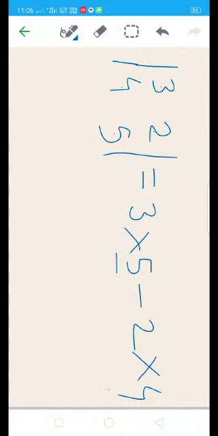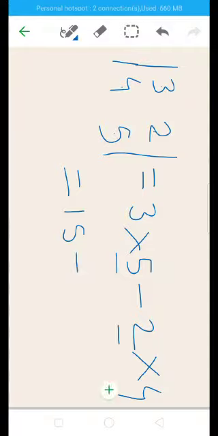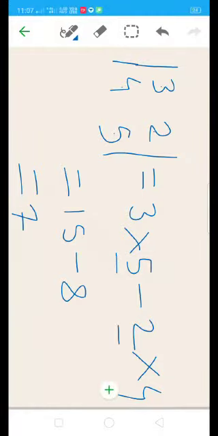This is the answer in your box. 3 fives are 15, minus 2 fours are 8. 15 minus 8 is equal to 7. This is your answer of question number 1.